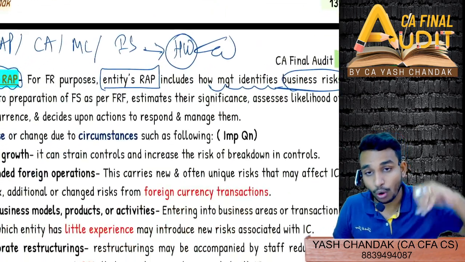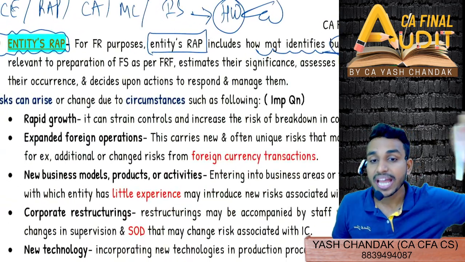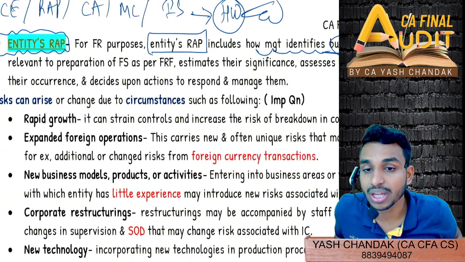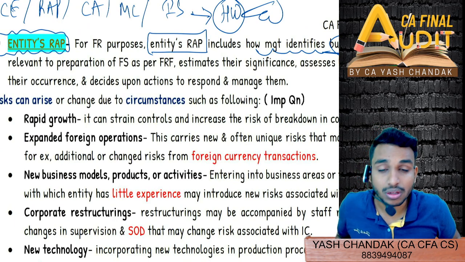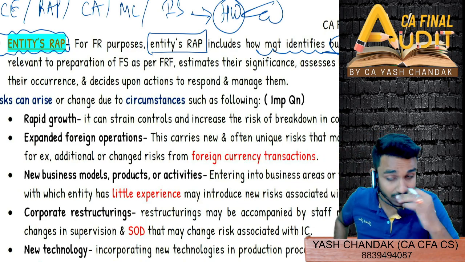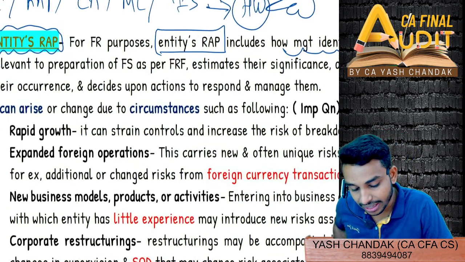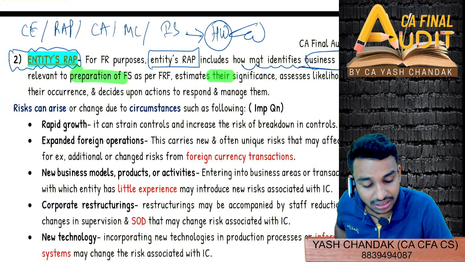What all risks are already there because of the business model, because of management's integrity, or any other sort of regulatory environment or environment within which the entity operates, right? So because of that, what all business risks, inherent risks, are there without considering any controls? And relevant to it is also relevant to the preparation of FS. Estimate their significance.